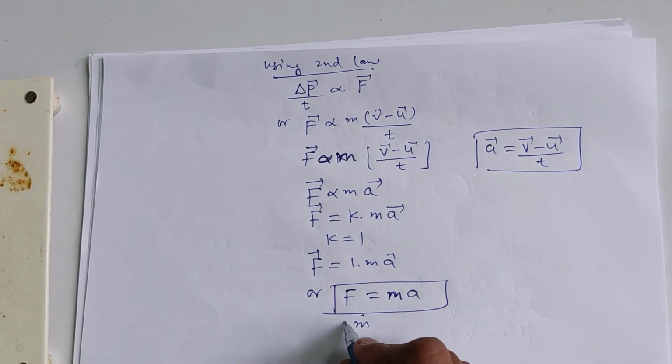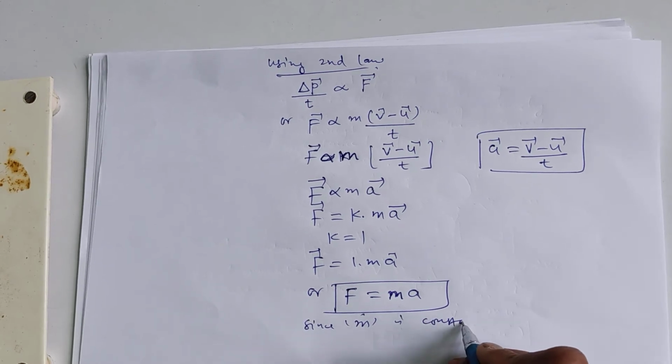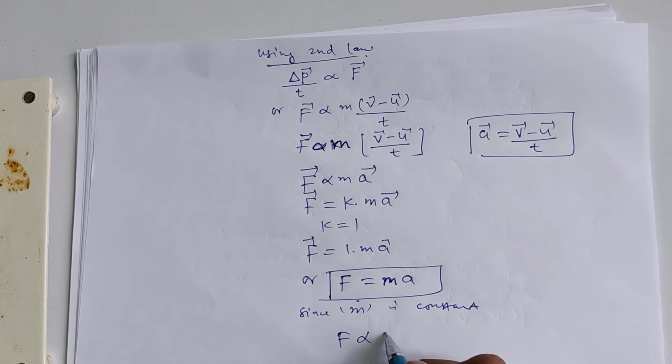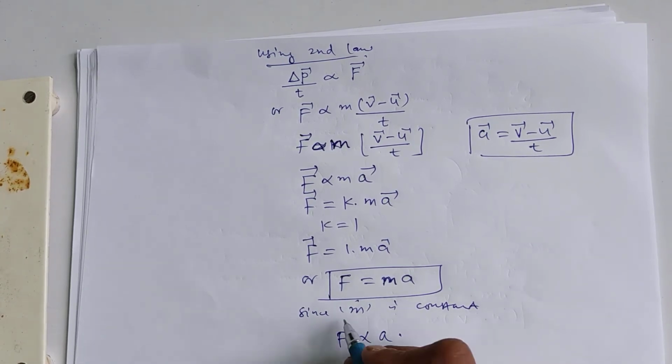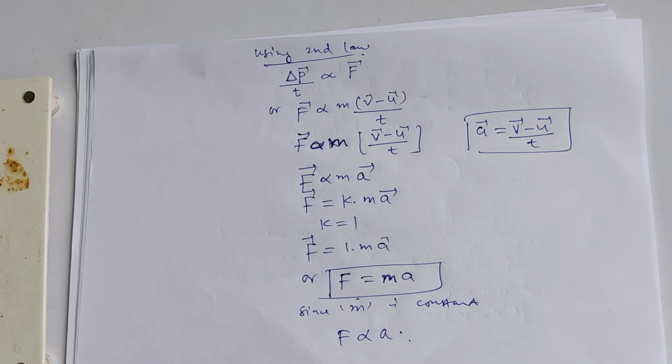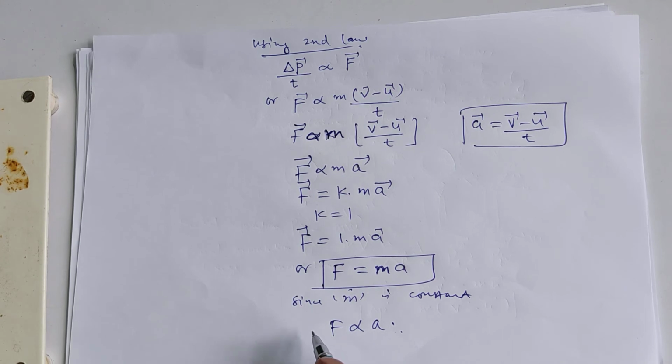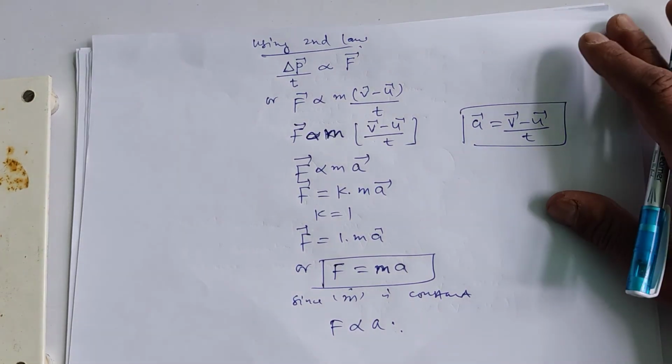Since mass is constant in classical physics, we can say force is proportional to acceleration. So if we produce more force, it will produce more acceleration. So this second law gives the calculation of the force, and we find the force in newtons, because the SI unit of force is the newton. So this is Newton's second law.